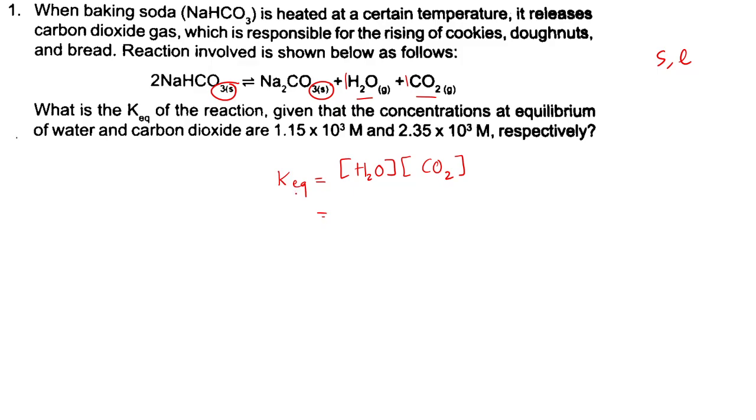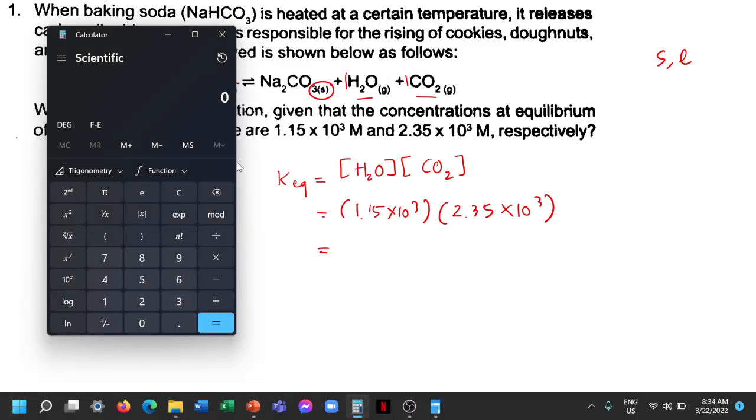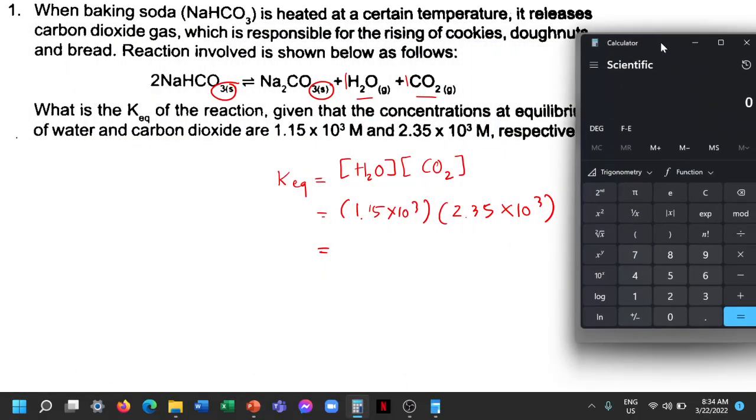To find out Keq, we simply substitute the values of the concentration of H2O and the molar concentration of CO2. So that is 1.15 times 10 to the power of 3, and for CO2, that's 2.35 times 10 to the power of 3. We can use our calculator to solve this one.